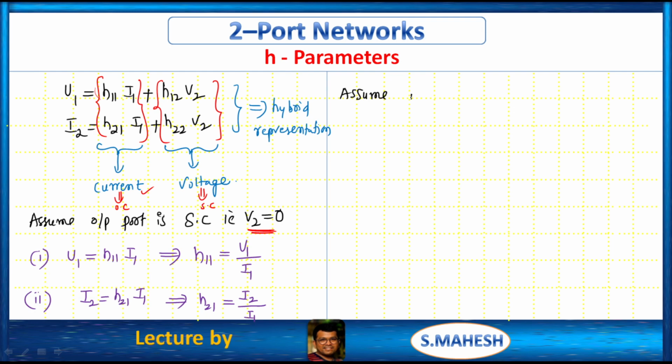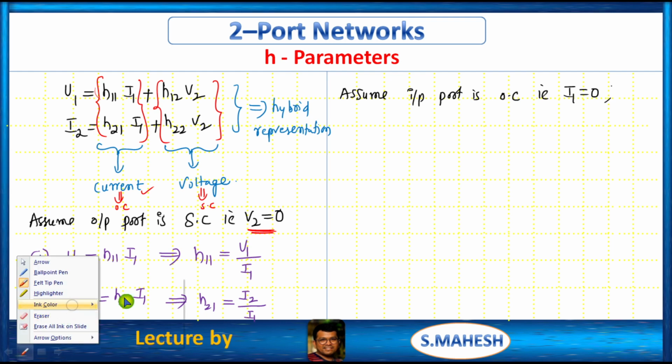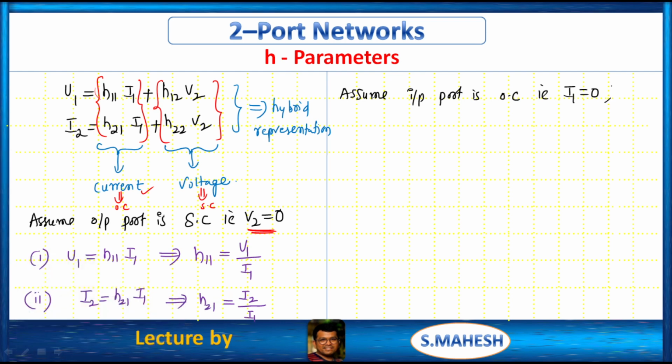Assume input port is open circuit, that is I1 equals 0. Now when I1 equals 0, what we have? Third one, V1 equals H12 V2, right? From this H12 is nothing but V1 by V2.